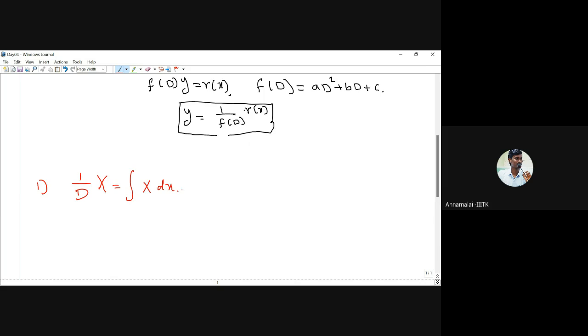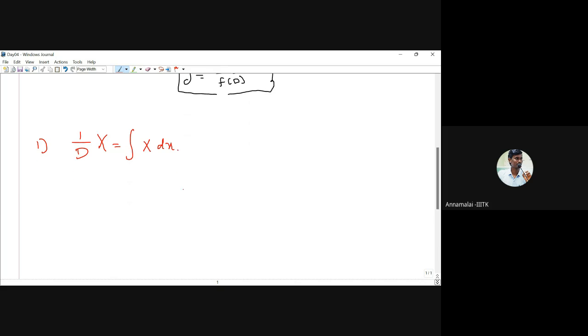Why is this true? 1 by D into X equal to integral X dx. Suppose we call this y. So let y equal to 1 by D times X. We have to prove y equal to integral X dx. Now take the derivative on both sides with respect to x. Therefore, dy by dx, which is actually D, applying the operator D on both sides, we get D and 1 by D cancel, we get X. So X equal to dy by dx.